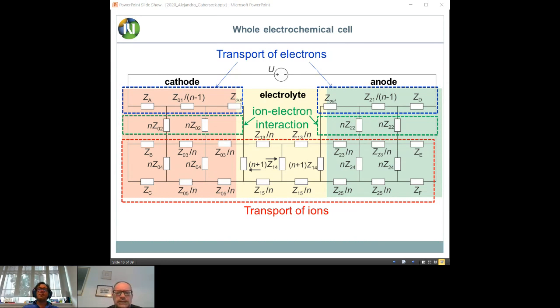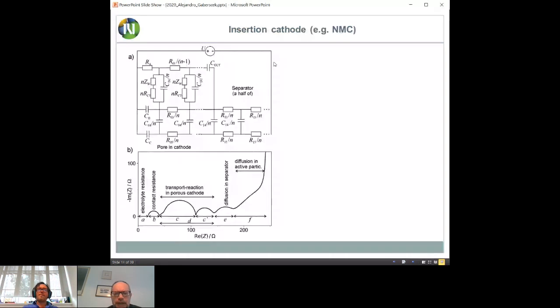So now this is insertion cathode, let's say NMC. Now the elements are split, they're not general anymore, but they are particular. So here is double layer capacitance, here is charge transfer resistance, Warburg impedance for diffusion in particles, NMC particles.